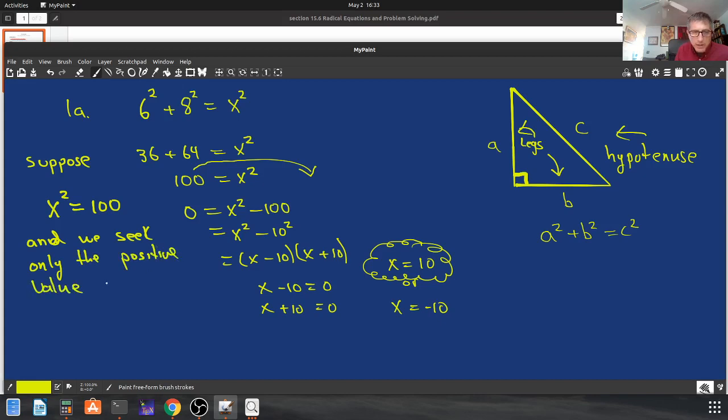And since we're looking for length, all we care about is the positive value, then x is equal to the square root of 100.